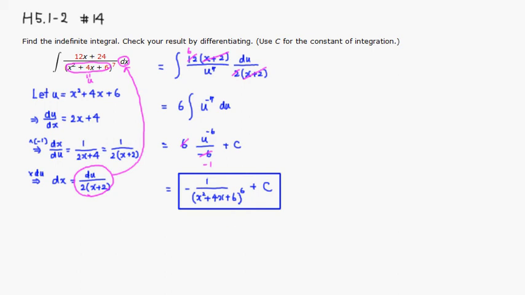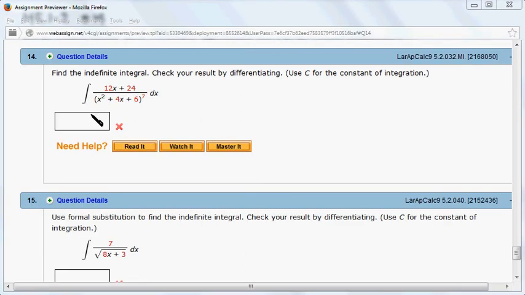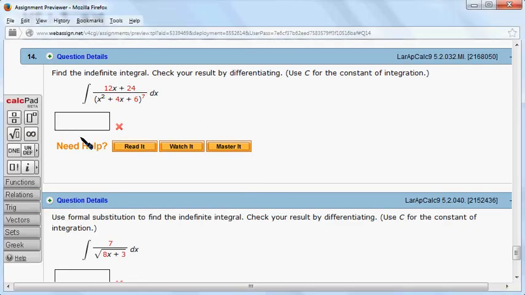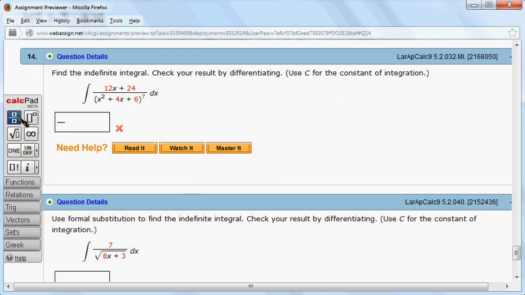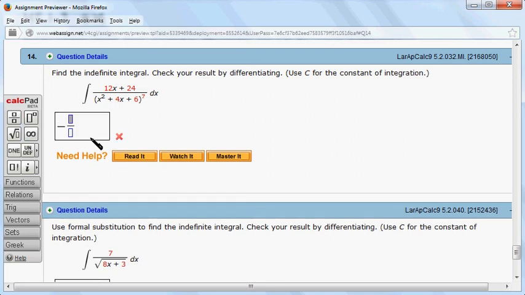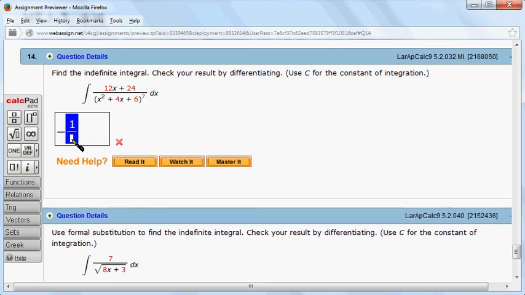So let's type this in. What we had was a negative sign, and then a fraction 1 over, and then a parenthesis, hold on, I cannot type anything here. Oh, here.